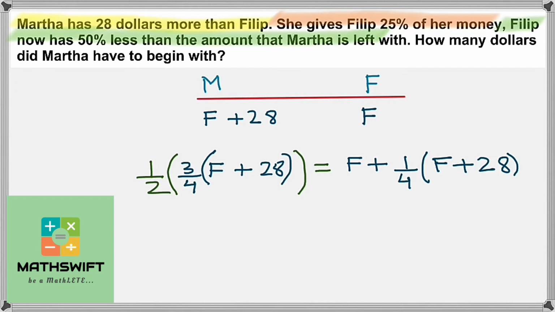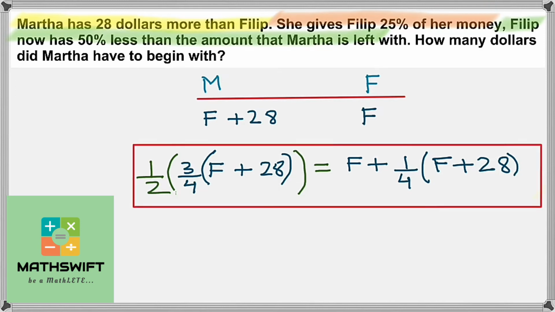Now this equation can be solved to find out what F is, and you will be able to answer how many dollars Martha had to begin with, that is this.